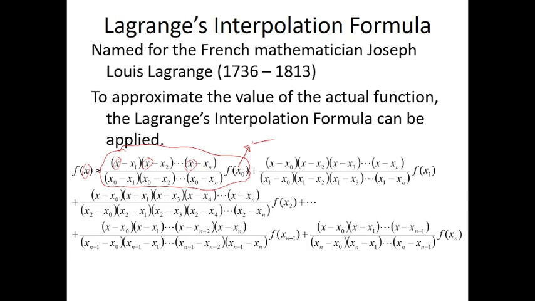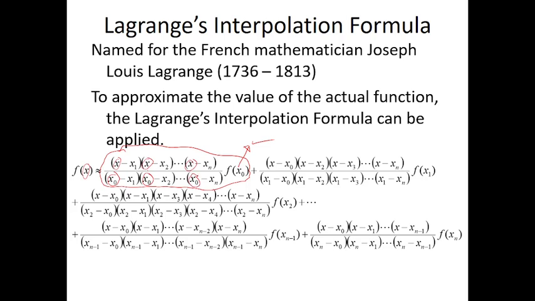So we have f of x sub 0. And then, as you notice here, we have x, and below it, we have x sub 0. So all x values are in the numerator, and when it comes to the denominator, all of those x values will become x sub 0 values.